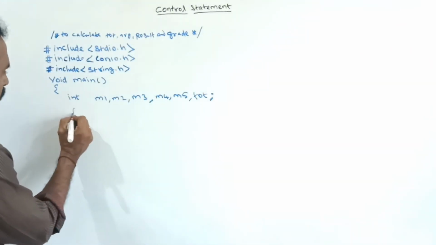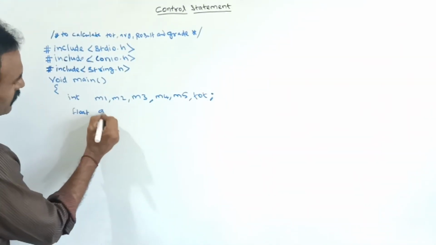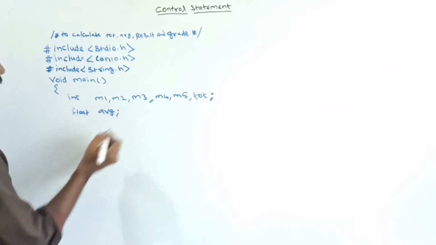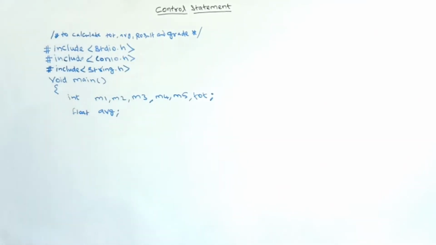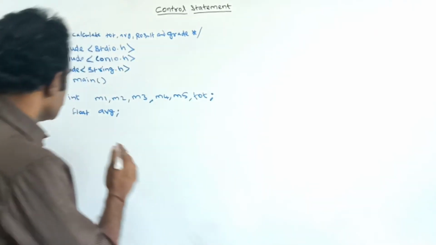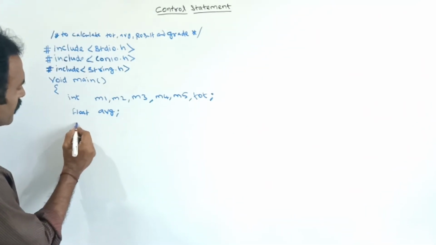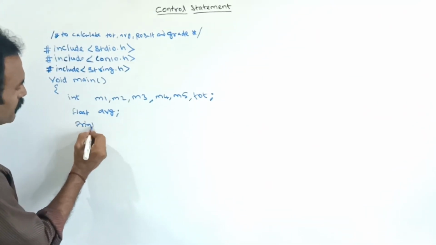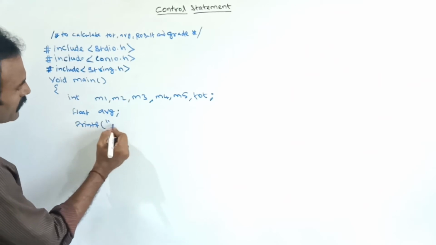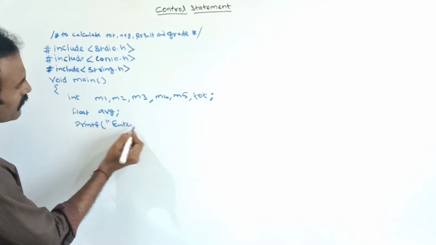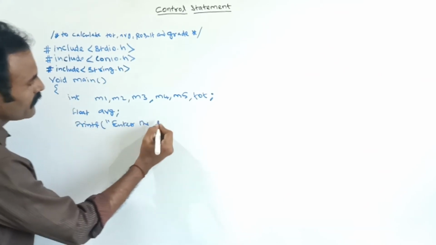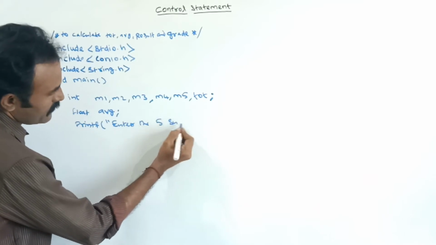So I am using float. Next, average mark. Here I need to get the input, so printf, I am telling enter the 5 subject marks.